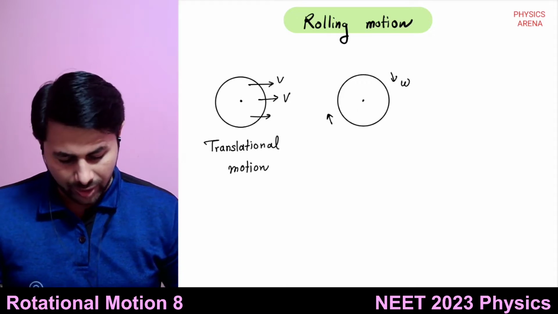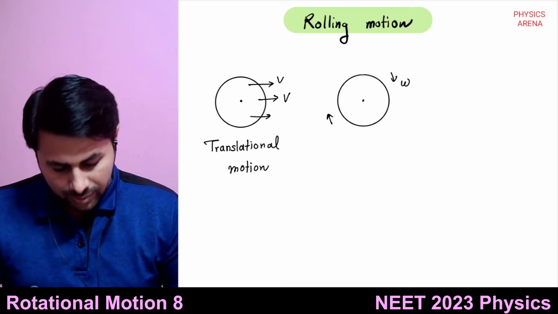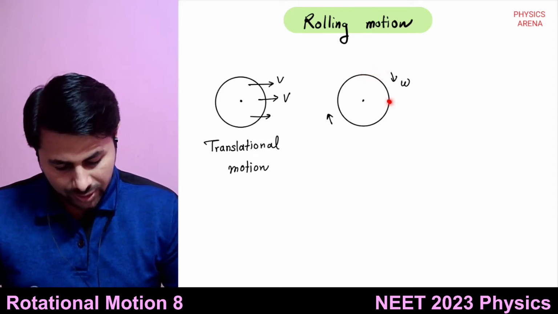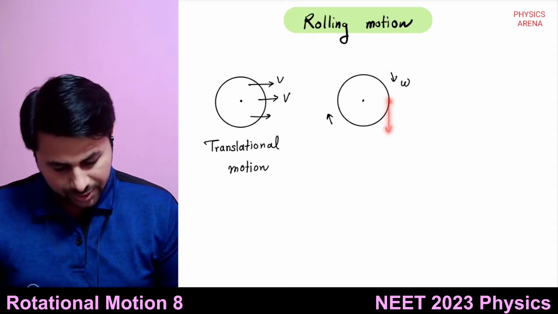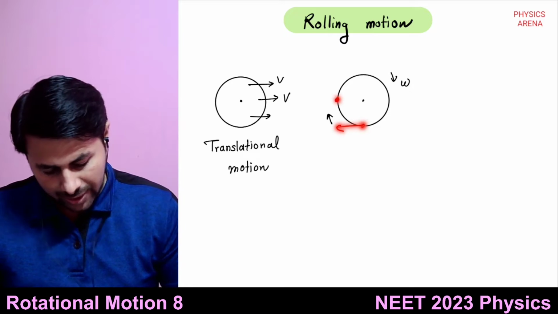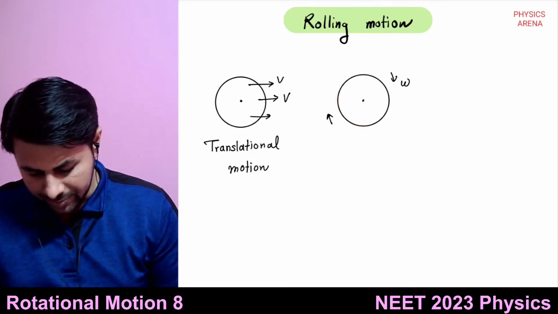But the velocity of all particles will be different, because the particle over here will be moving in this direction, the particle over here in this direction, the particle over here in this direction, and the particle at this point is moving in this direction, right?